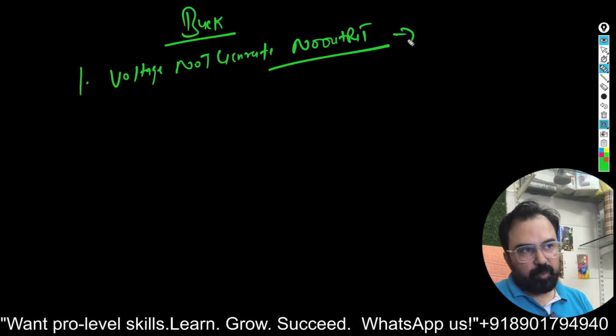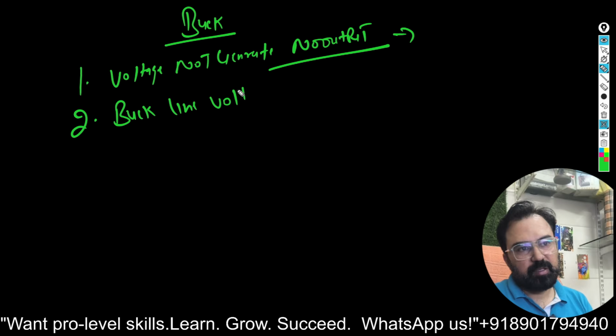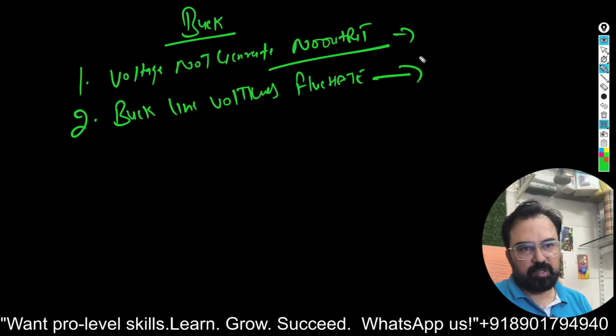So there is a different process, right? Number 2, buck line, all buck line voltages fluctuate, right? There is a different process to diagnose this.